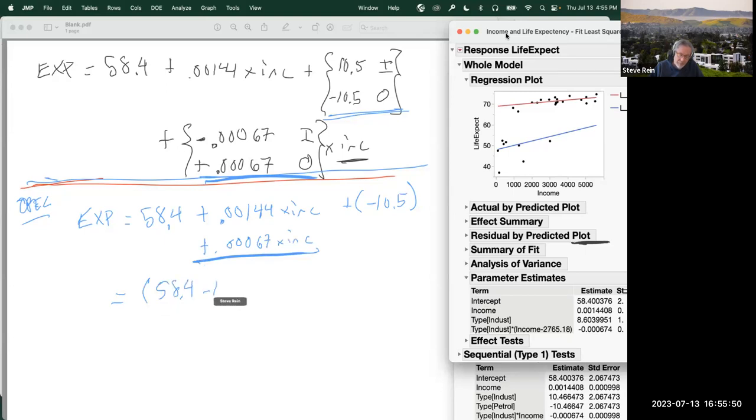I've got 58.4 minus 10.5 plus 0.00144 plus 0.00067 times income. And I can do the first one possibly in my head. That's going to give me 47.9-ish.